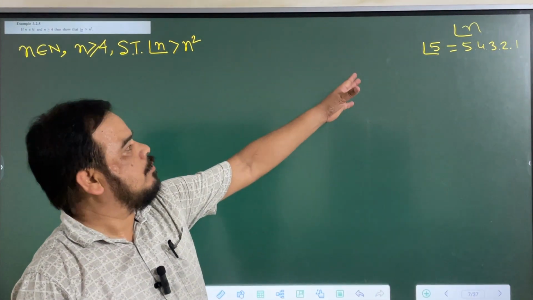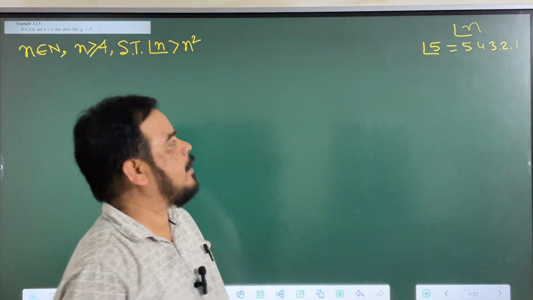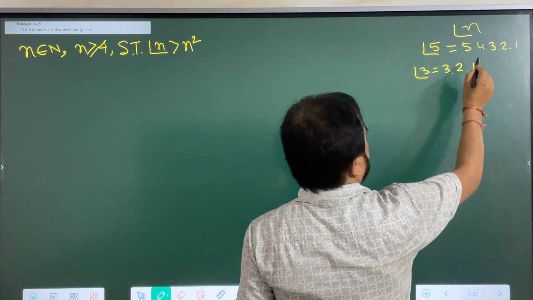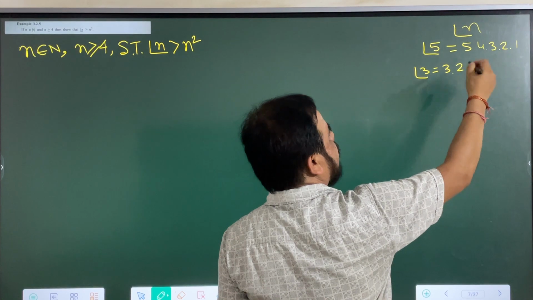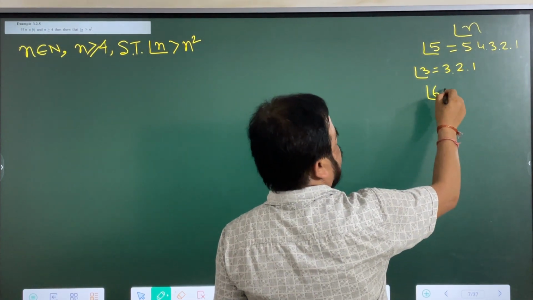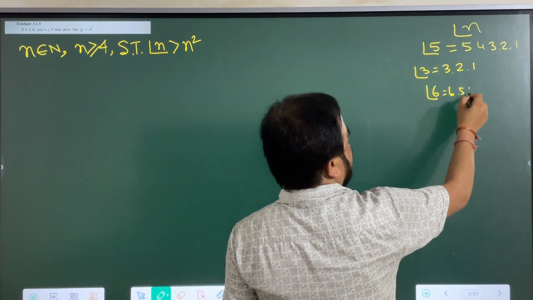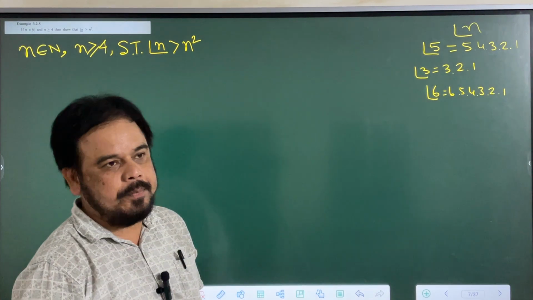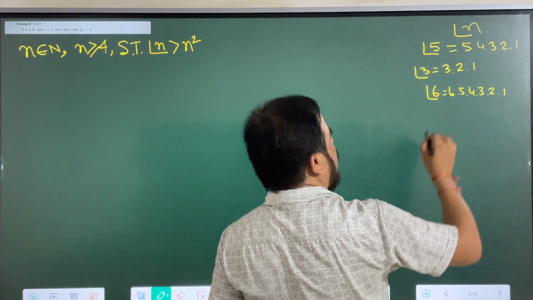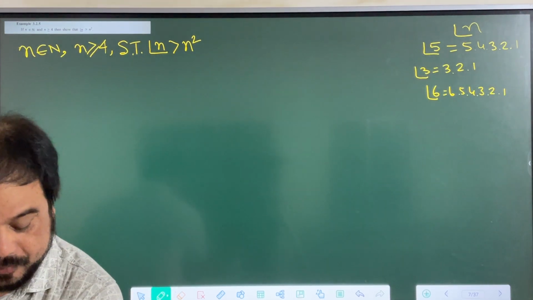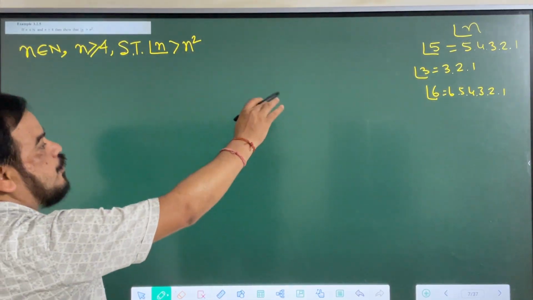This is the meaning of factorial 5. Factorial 3, 3 into 2 into 1. That means we have to go on multiplying with decreasing order. Factorial 6, 6 into 5 into 4 into 3 into 2 into 1. Till 1 we have to multiply, which we write shortly, that is called factorial. I hope you understand this factorial.